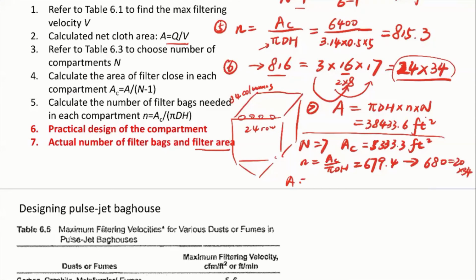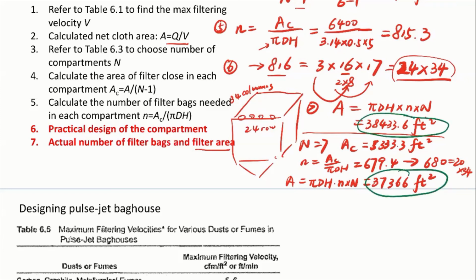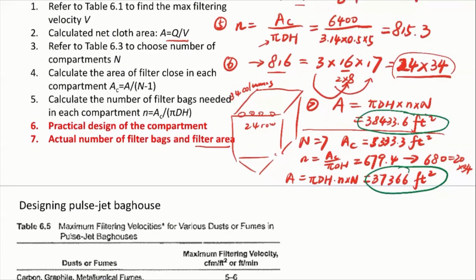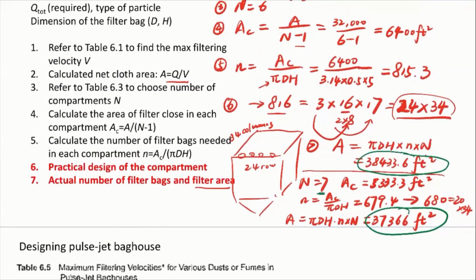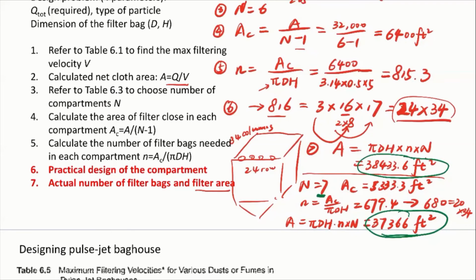And then finally, when you calculate the total cloth area, pi dh, n multiplied by capital N, that is 37366 square foot. Okay, so here I have to circle out these two numbers. So this calculation means that although we use more compartments in the system, the total cloth area is not necessarily higher.